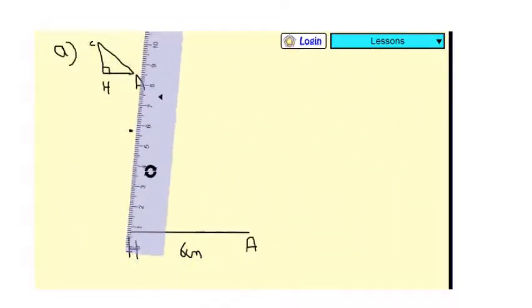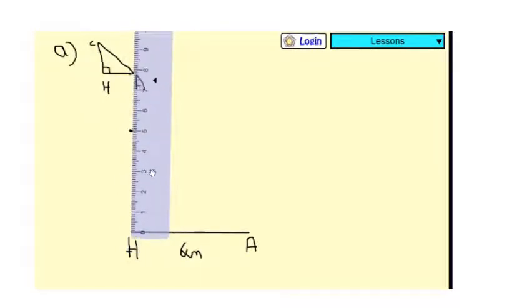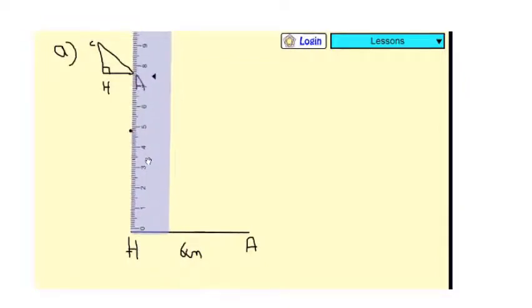They give us that HC is 4 centimeters. How to draw HC? Put the 0 on HA and take 4 centimeters passing through the point.